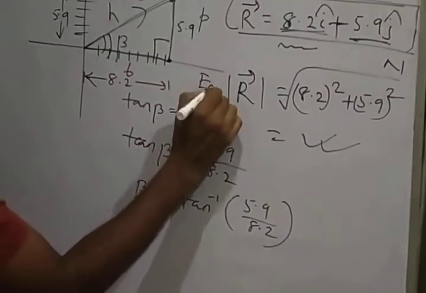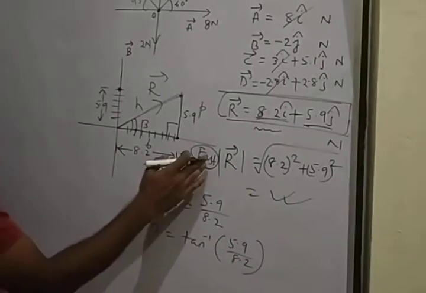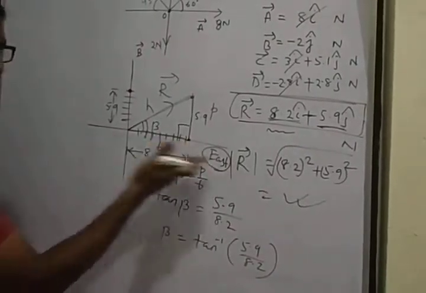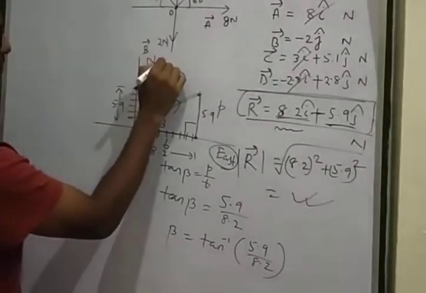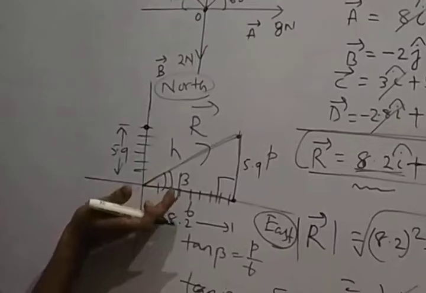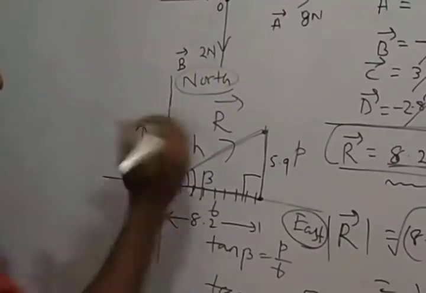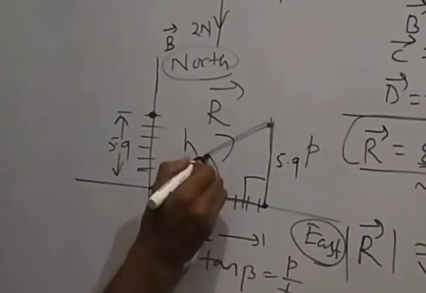Okay. Now this is east, from where I have started my vector class. First I have given you east, and let's say this is north. We are considering east and north. So beta is some angle from east towards north. And remember one trick: always, angle is measured in anti-clockwise direction, like this.